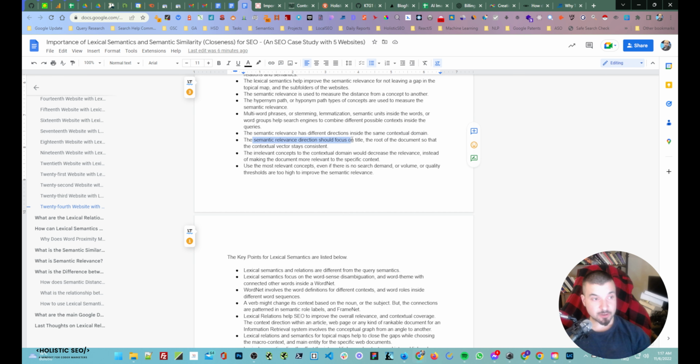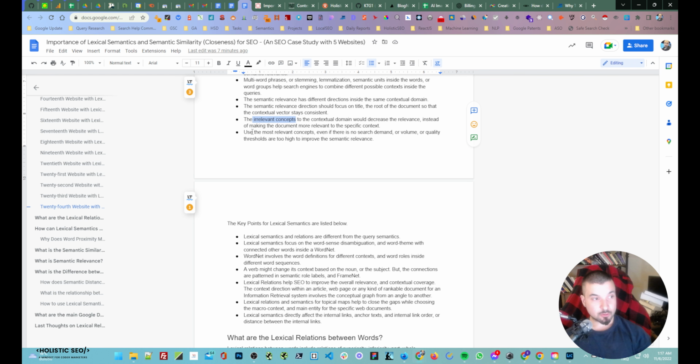Semantic relevance direction should focus on the title, the root of the document, so that the contextual vector stays consistent. Irrelevant concepts to the contextual domain will decrease the relevance instead of making the document more relevant to the specific context. You can find the irrelevant concepts with your brain, or you can use some tools.